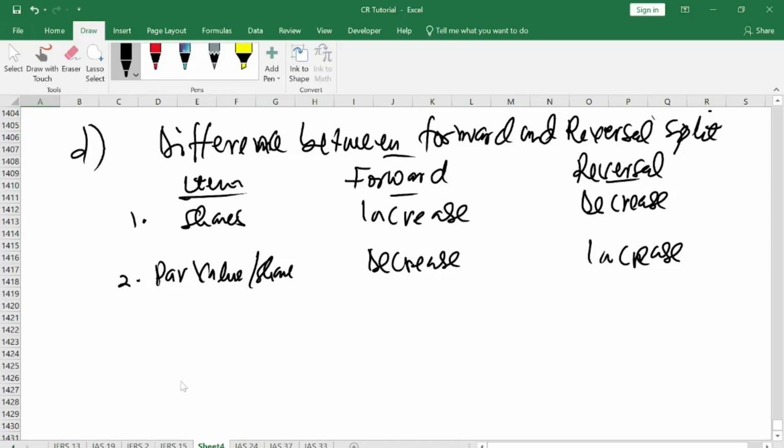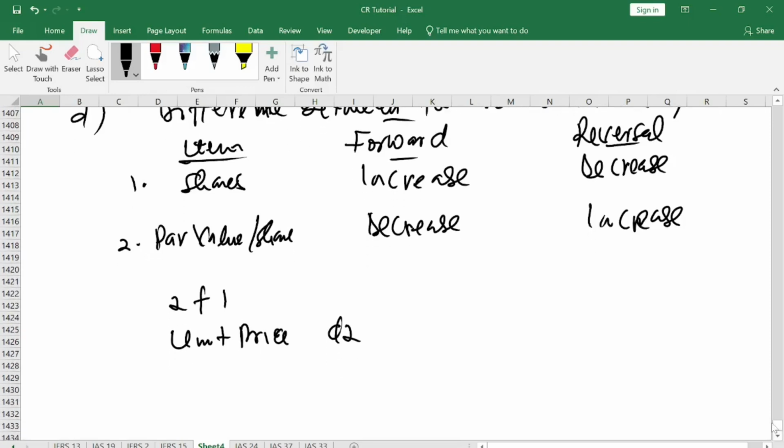If you have 2 for 1, and the unit share price is assuming 2 cedis, then for the forward split the unit price per share is multiplied by the inverse, 1 for 2.